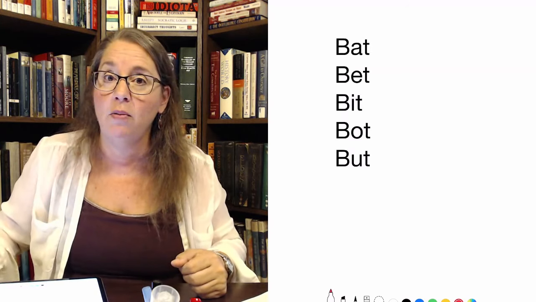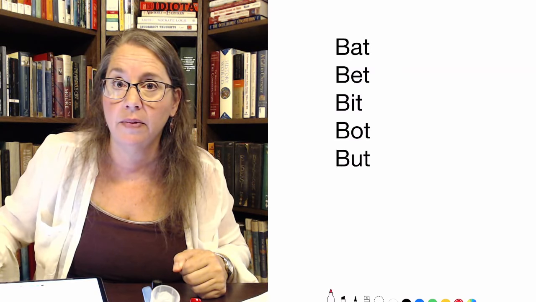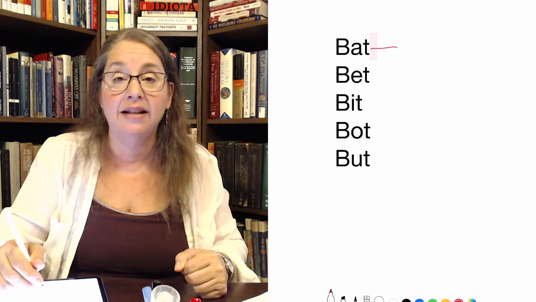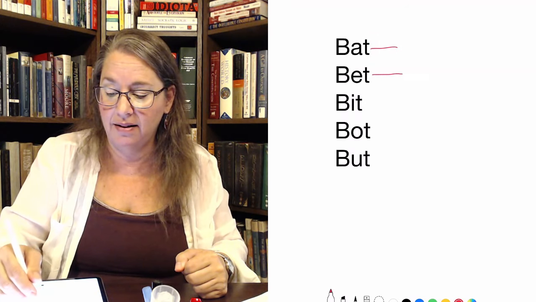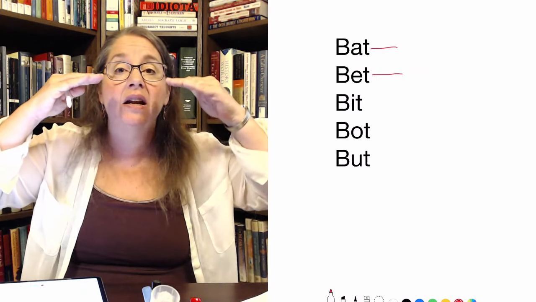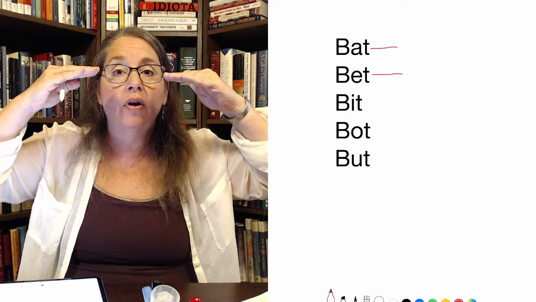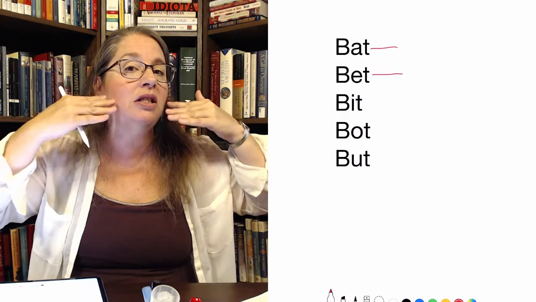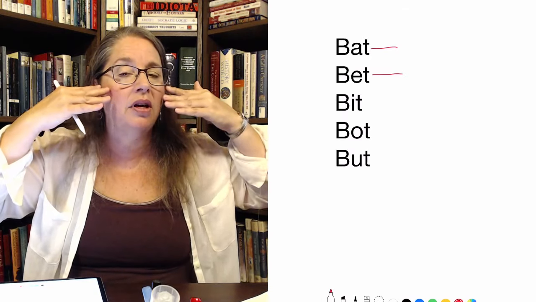It's the same way with vowels. Between A and E, there is an infinite number of different positions of the tongue and mouth.